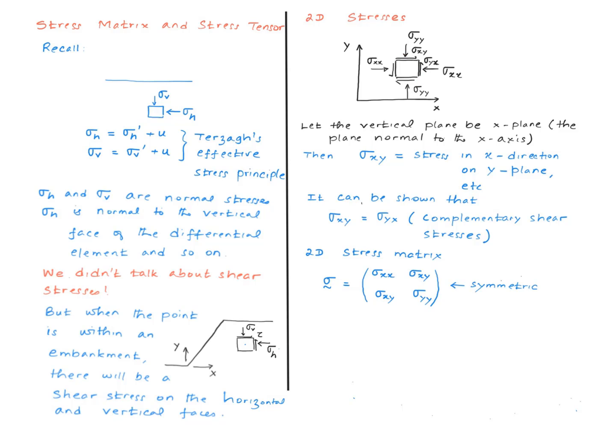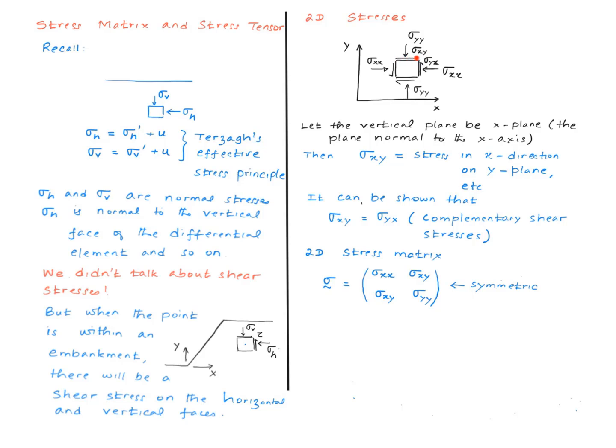X-plane means a plane normal to the x-axis, and similarly this will be the y-plane because that plane is normal to the y-axis. Then this is how you interpret the subscripts we use with a stress component. Sigma xy means stress in the x direction on the y-plane.